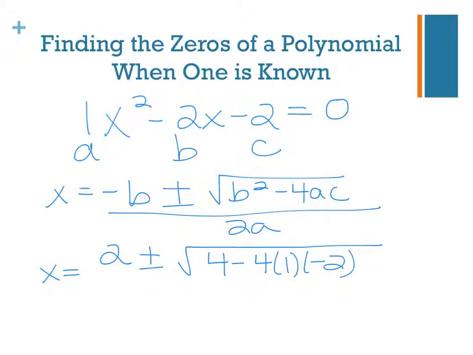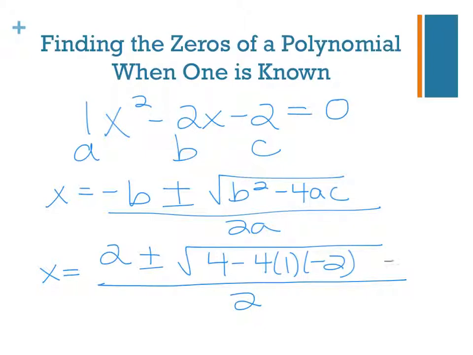Just to reiterate, this is a positive 2 because it says opposite of B, and since B was already negative, the opposite of negative 2 is positive 2. When I plugged in negative 2 for B, negative 2 squared is positive 4. And negative 4 times 1 times negative 2, we'll work that out here in a minute. On bottom, 2 times A is just 2.